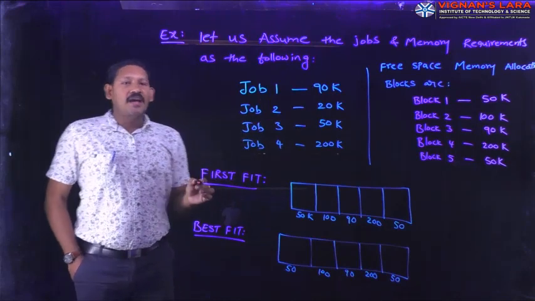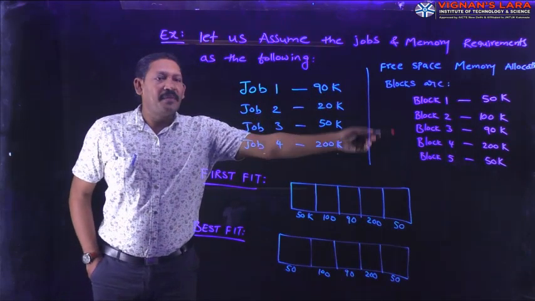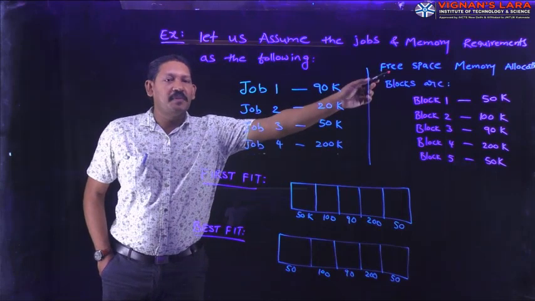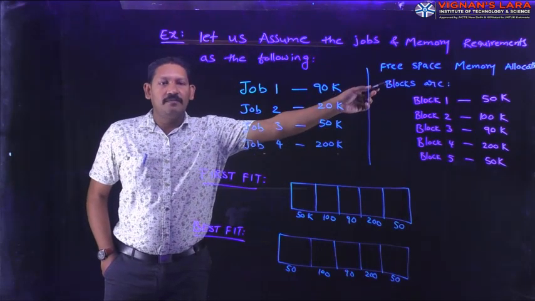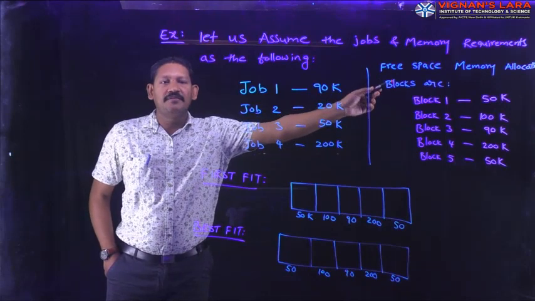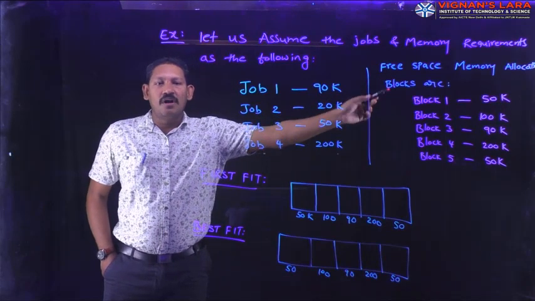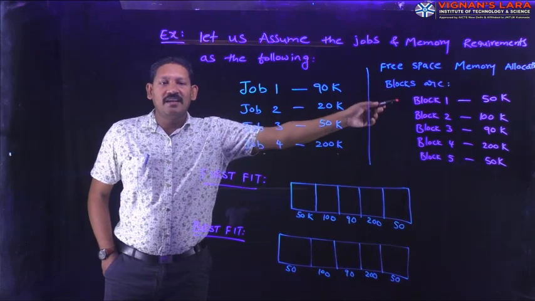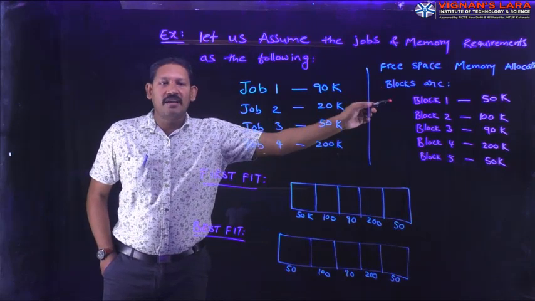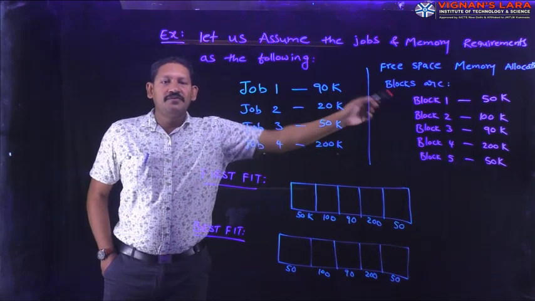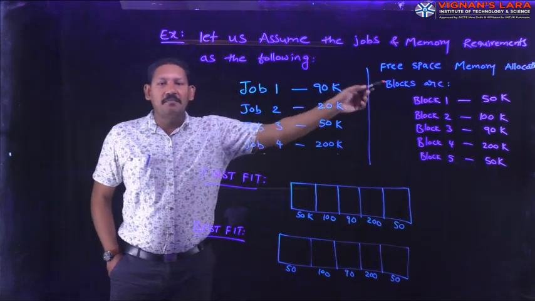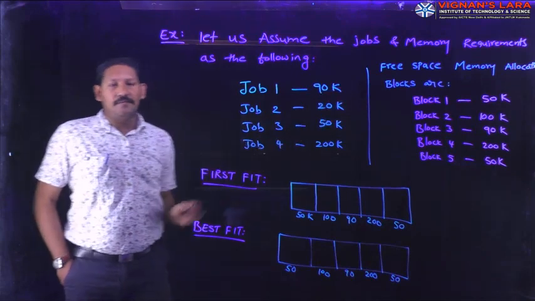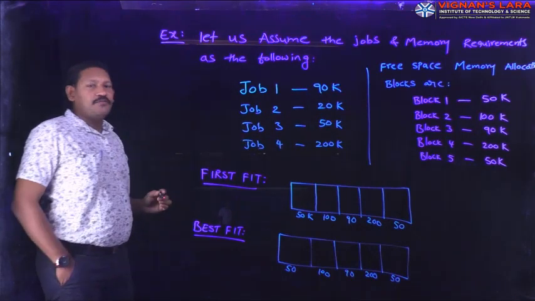As well as the free space memory allocation, the free space memory blocks were also given. So block 1 is capable of accommodating 50k, block 2 100k, block 3 90k, block 4 200k, block 5 50k. Like that, different blocks and their memory allocations are given. Suppose we follow first fit.